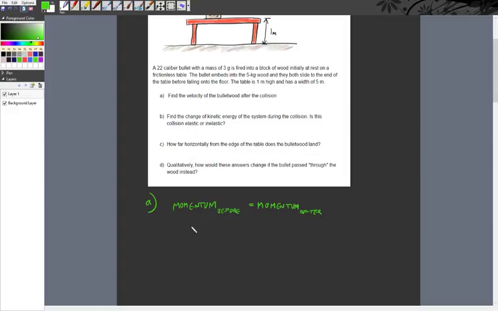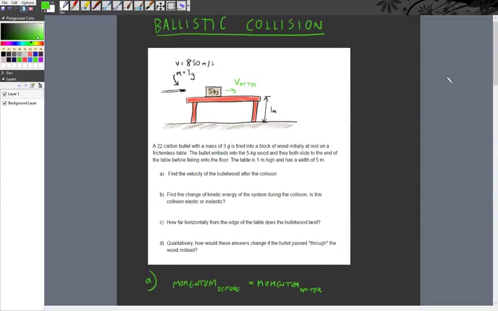What are all the things in our system that are contributing to the momentum before the collision? Our system is the bullet and the block. The bullet's moving, the block is not, so all the momentum is going to be coming from that moving bullet.